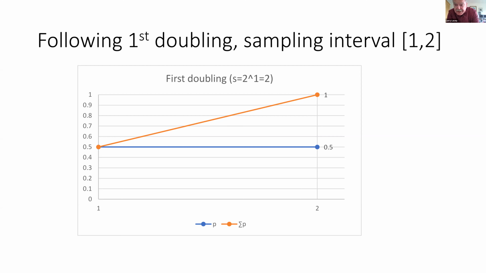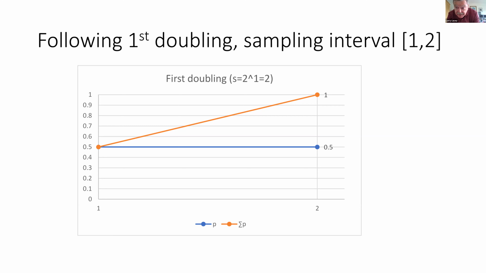We're talking about a uniform distribution, so the probability goes from 1 in just one space to now 2 spaces, and the probability of being in either of them is 0.5. That's the blue line. You've got two points, 1 and 2, with probability 0.5 for both, and the cumulative probability is, of course, 1.